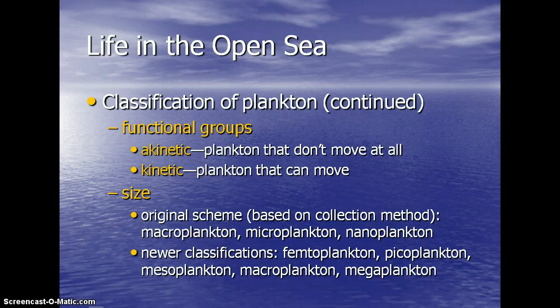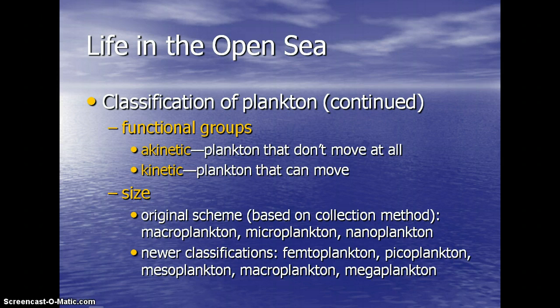Nowadays, we use a scheme that takes the full range of plankton and divides it into 7 categories, and each category contains plankton of a size within 1 or 2 orders of magnitude based on the number of 2. Okay, that seems confusing, but basically we took the original scheme and divided it even further and made some more clear groups.